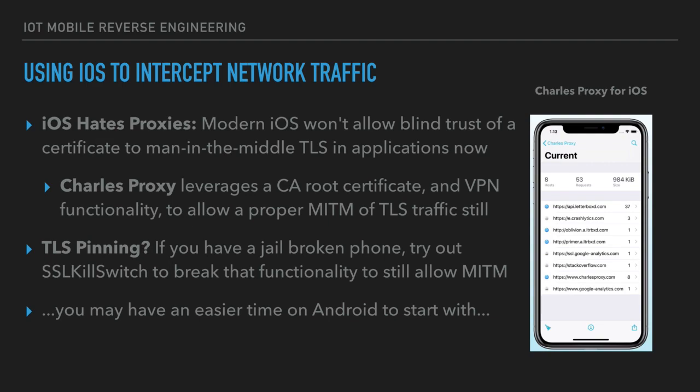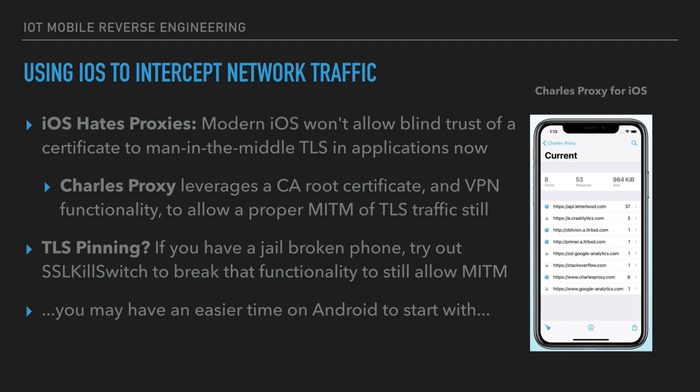That doesn't work like that anymore in my experiences, and there might be a range of reasons for that collectively, but one thing I have found is Charles Proxy, which has been a Mac proxy for a very long time. They actually have a native iOS Charles Proxy now, and I think it's like $8 or $9. But the great thing about this is Charles Proxy installs a root CA certificate.